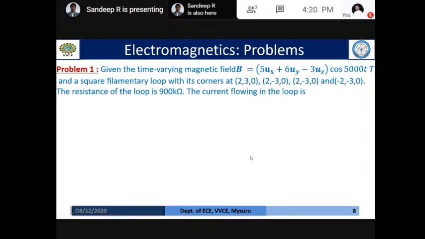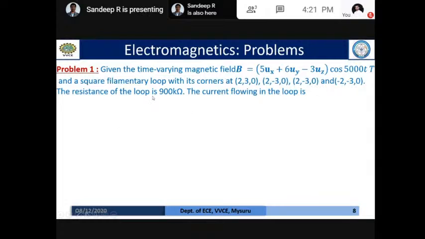The first one is: given the time varying field, vector B is equal to 5ux plus 6uy minus 3uz cos of 5000t Tesla, and a square filamentary loop with its corners at (2, 3, 0), (-2, 3, 0), (-2, -3, 0), and (2, -3, 0).